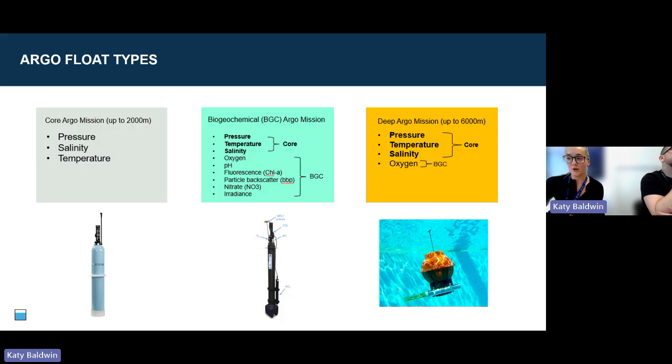And then there are also the new deep Argo floats, which can measure at depths of up to 6,000 metres. These advancements have massively improved our understanding of oceanic cycles of carbon, nutrients and ecosystems.